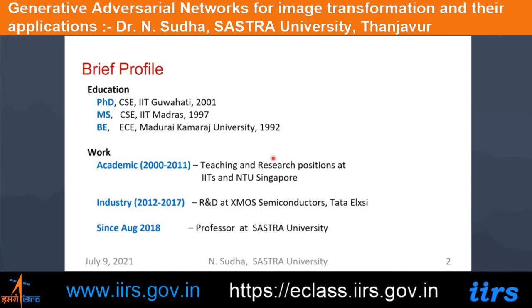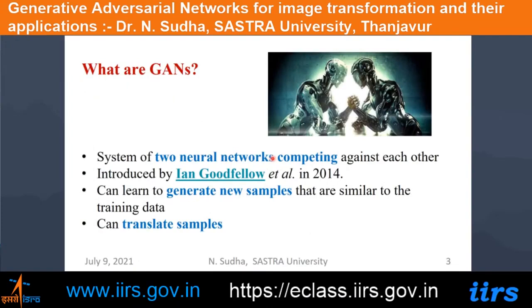Let us first introduce what GANs are, Generative Adversarial Networks. So what is adversarial? In the past you must have learned convolutional neural networks and recurrent neural networks. Those are single neural networks. But here, adversarial means it has two neural networks competing with each other, fighting with each other.